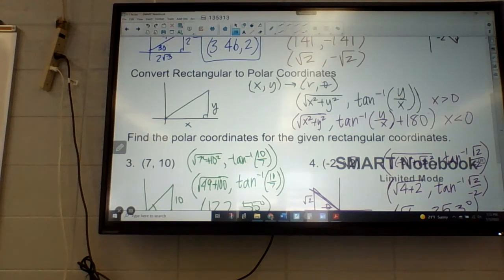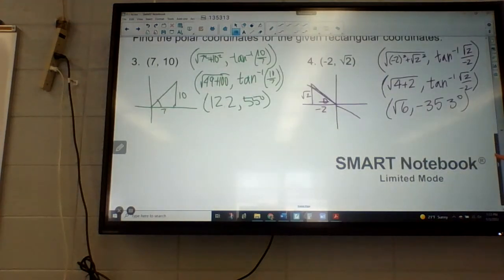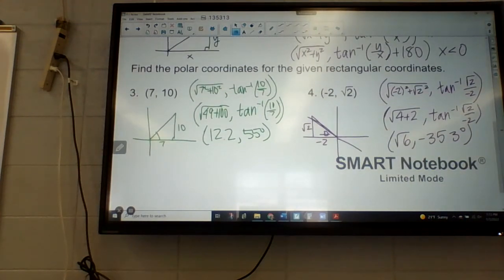So we have to add 180 to it to get us into the right spot. Anytime that x ends up being negative, you're going to end up in the wrong quadrant when you're done, so we have to change that. It's kind of just turning like the clock hand. So add 180 to the -35.3.